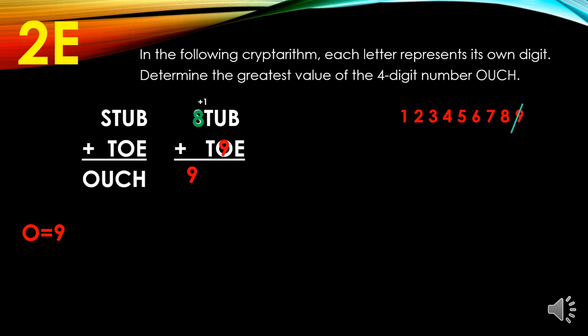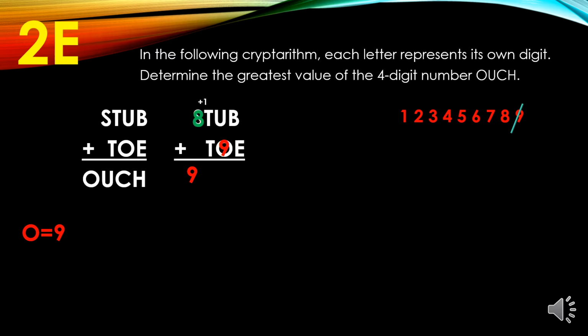Let's try 6. If we will use 6 on our letter U, 6 plus 9 will give us 15. It means our letter C will hold the value of 5, carry 1. So we need to make sure that our T plus T is 16.